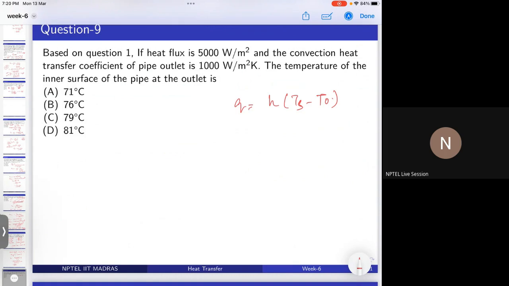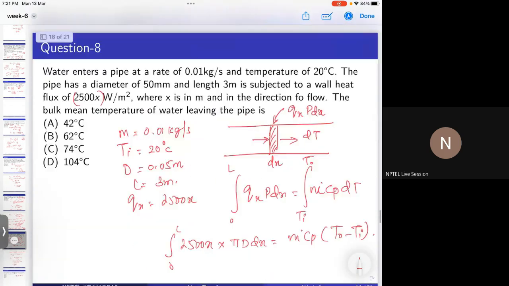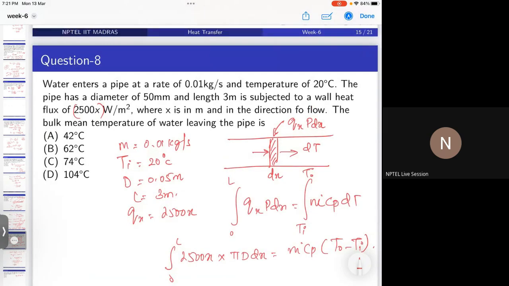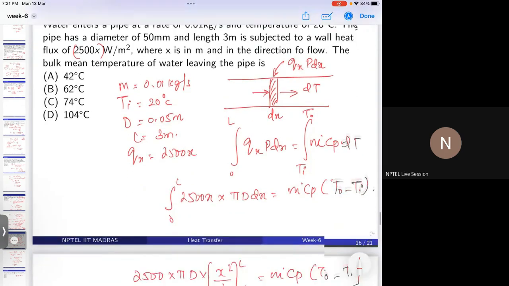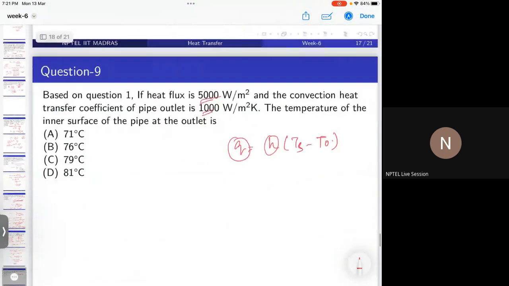Okay. So here, what are the given things? Q is given, that is 500 watt per meter square. h is all given, 100. Ts is what we need to find out. Where is the To? To we get from the previous equation. Okay.